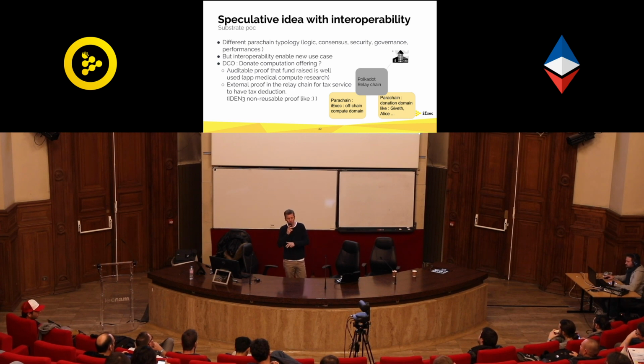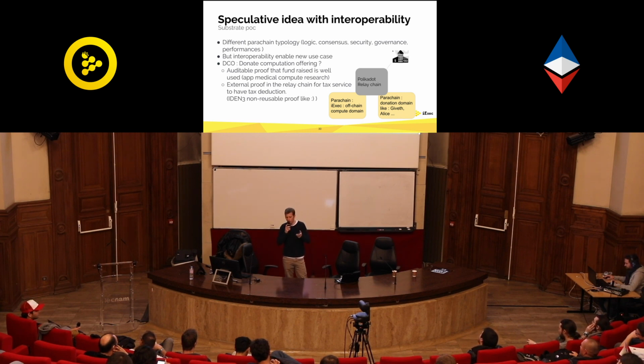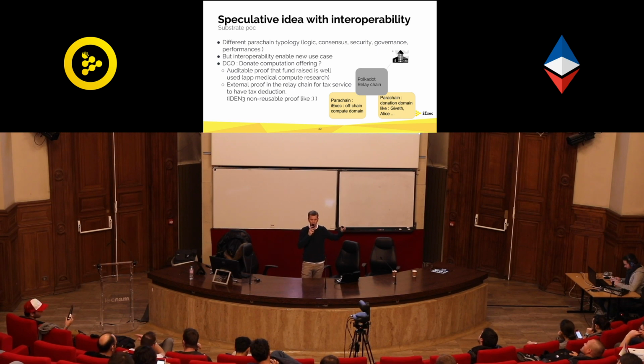But at some point, if we can bridge them together, we can create what we can call DCO, donate computation offering. That means that when you make a donation into the Giveth or Alice domain chain, you want to be sure that your donation is used to compute this kind of application only, and you can track that your donation is well used.